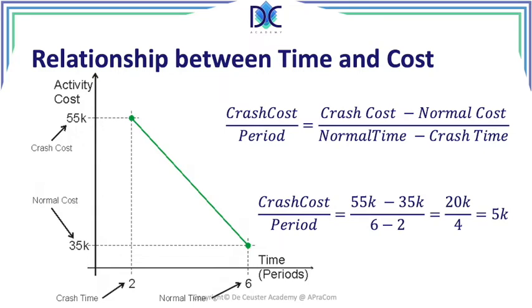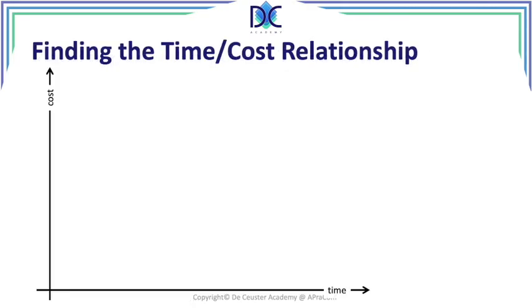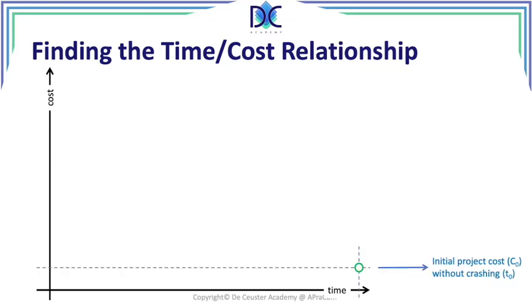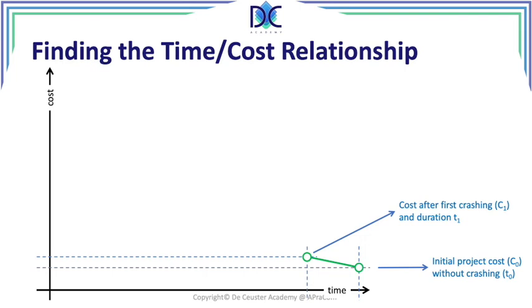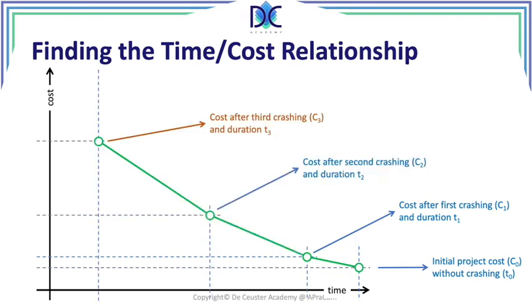Now, when we look at this, we can use this for the basic calculations, and we can find, for example, what I said, the time cost relationship. We have a time and cost for the initial project without crashing, and the initial cost, C0. Then we crash, and depending on the crashing, we see that the time is being reduced, but the cost is increasing.